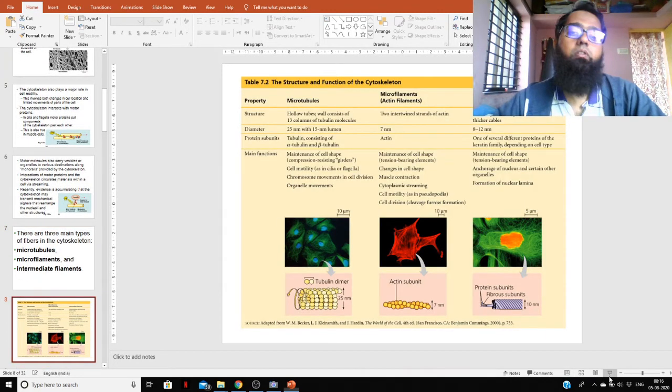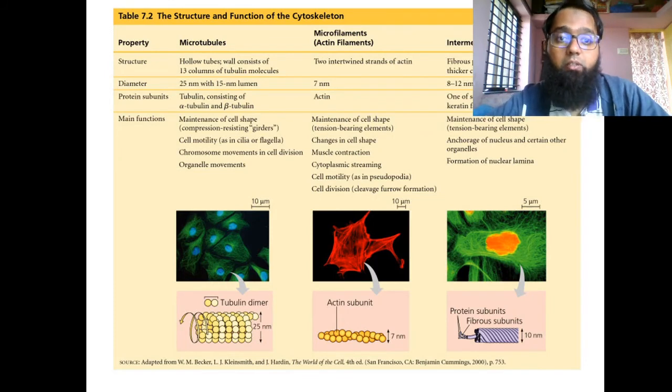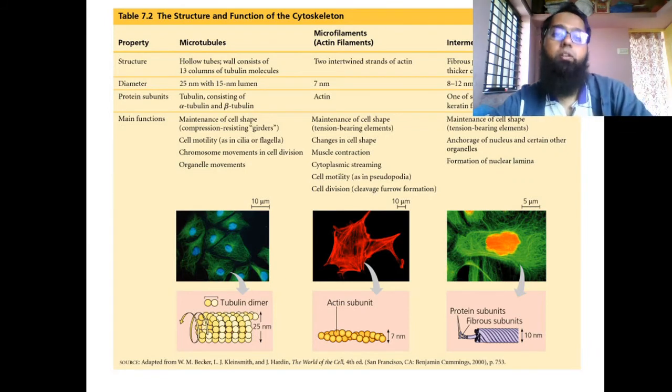What you are seeing on the screen is the differences between the three types of the cytoskeleton. On the left-hand side you can see the properties of the cytoskeleton parts and the different types: microtubules, microfilaments, and intermediate filaments. The different things compared here are structure, diameter, protein subunits, and the main function. The structure is also shown in the form of electron micrographs, colored photographs, and fluorescent photographs.